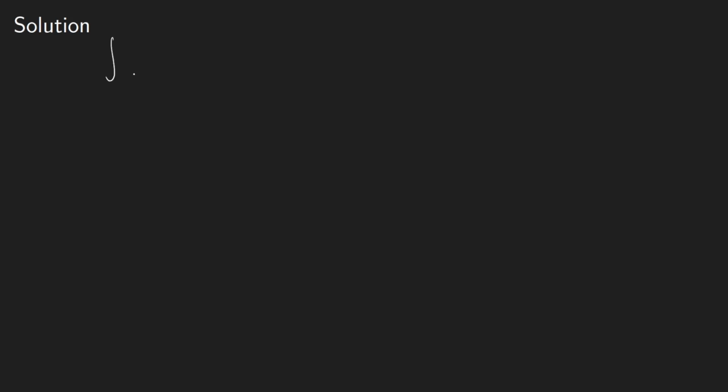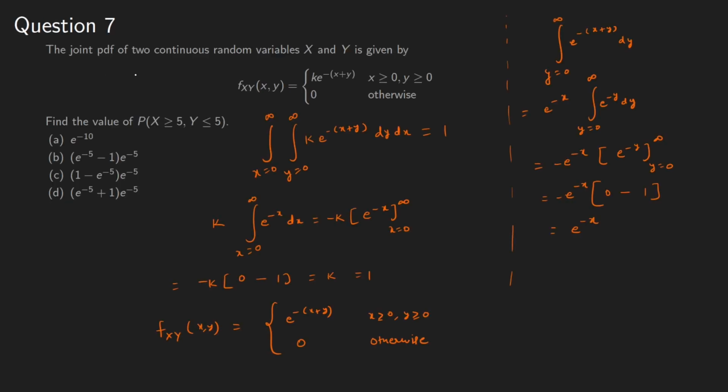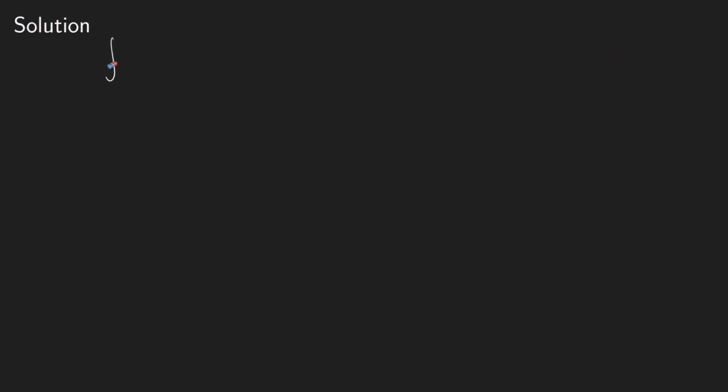Required probability is probability that x greater than or equal to 5 and y less than or equal to 5. So clearly we will need to integrate the joint density function e raised to the power minus (x plus y).